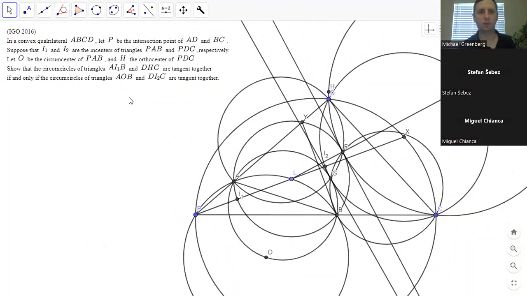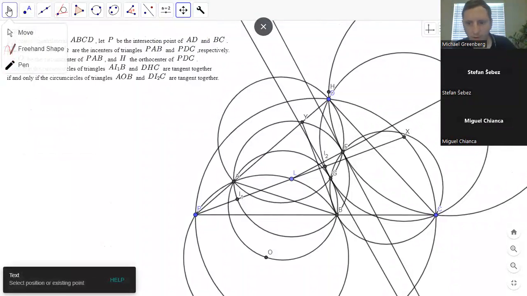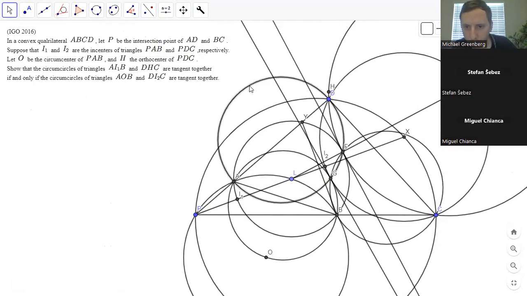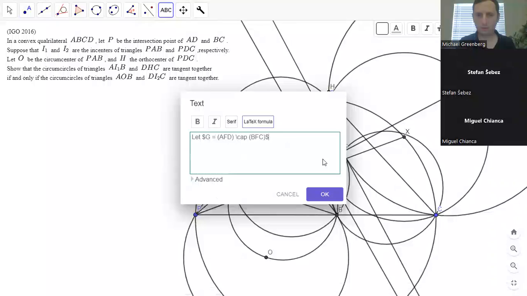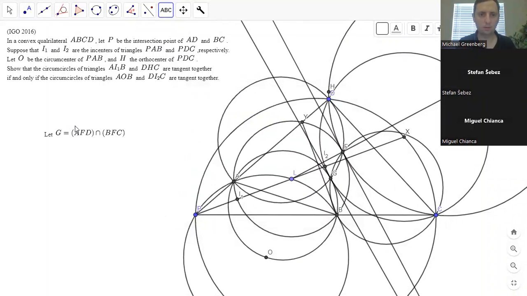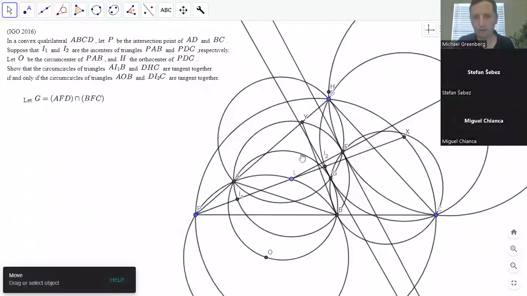Okay, so suppose, first I'll define point G. Let G be the intersection of the circles AFD and BFC. Then I'll show you the angle chase that I used to show that AGOB is cyclic.